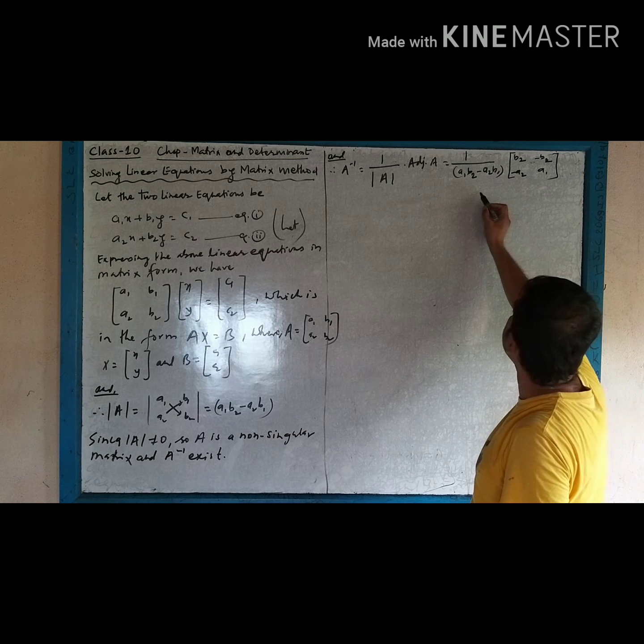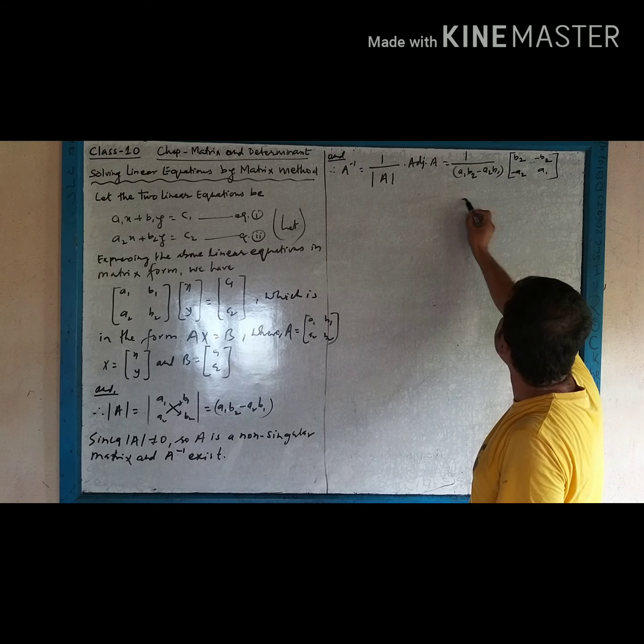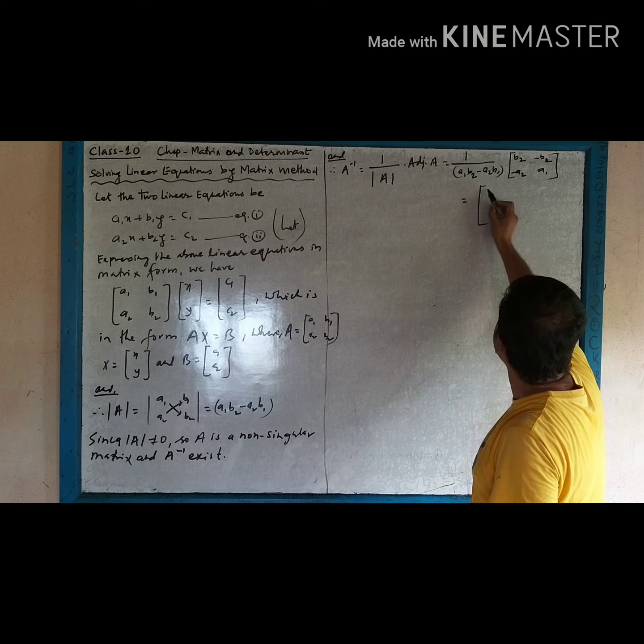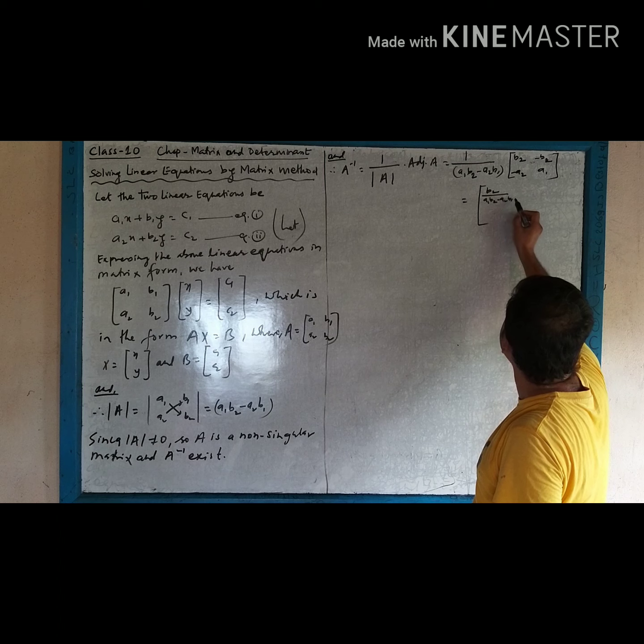So if you want to do that, you will get B2 by A1 B2 minus A2 B1.